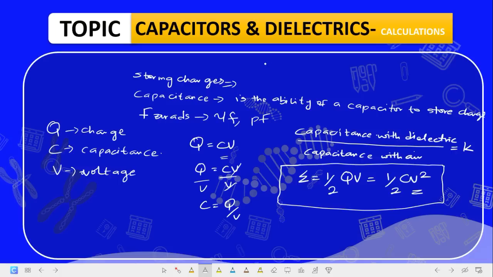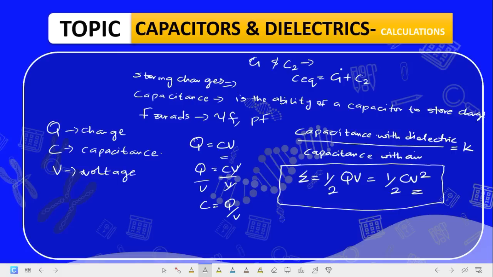Now let's say you are given two capacitors in parallel, capacitor 1 and capacitor 2, and you are asked to calculate the equivalent capacitance. For parallel connection, the equivalent capacitance is just the algebraic sum of the two capacitances, which is C1 plus C2.